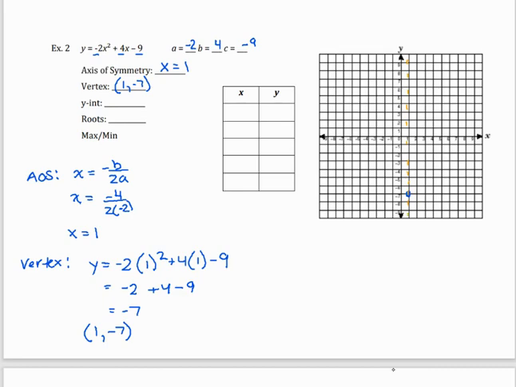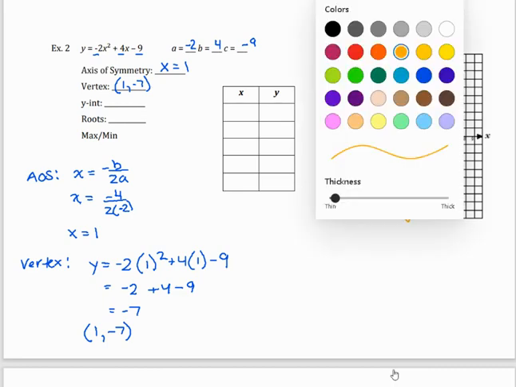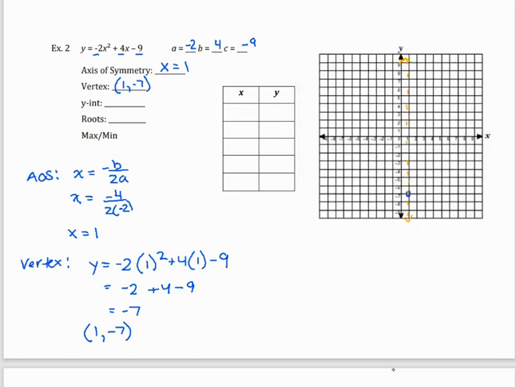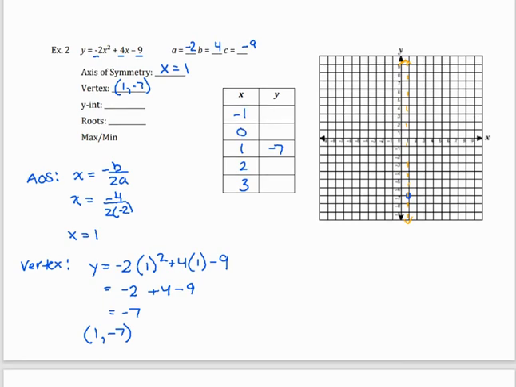Now, how do I find more points of my parabola? You have two options. You can make a table. And so with that table, I always encourage you to have your vertex be in the middle, which is 1, -7. From here, we'll do a few test points. So for example, 2 and 3 will test, and 0 and -1. So we'll actually plug those in.